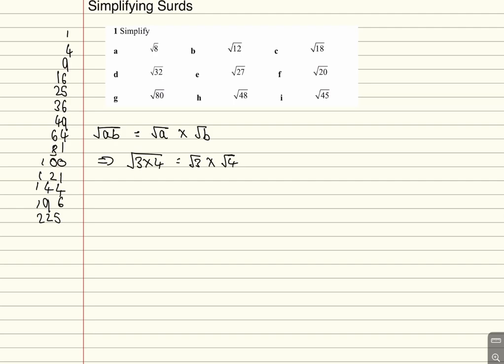Remember, 1 times 1, 2 times 2 equals 4, 3 times 3 equals 9, and they're your square numbers. Okay, so we're going to use that fact.